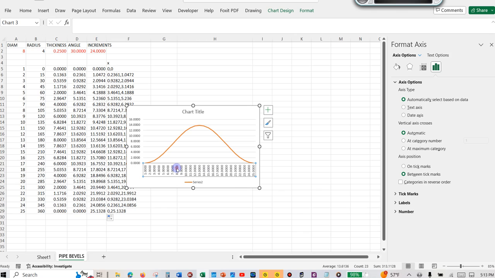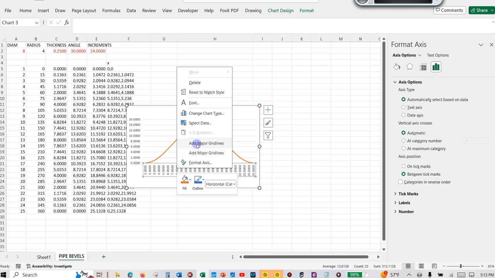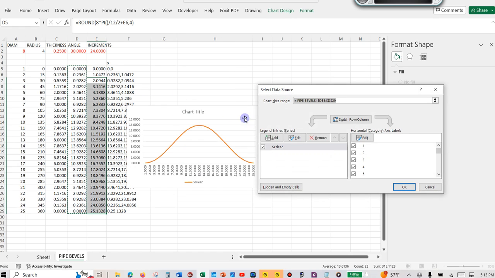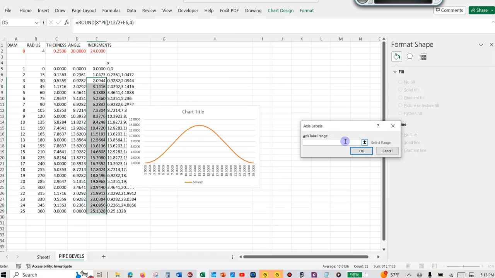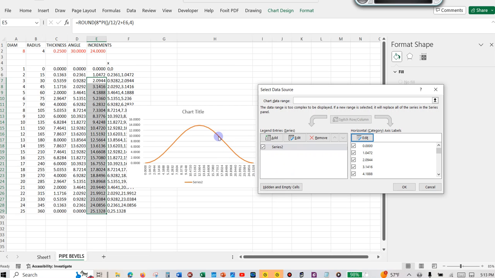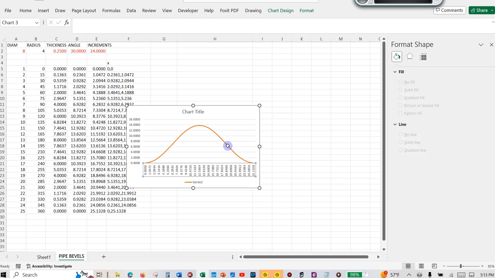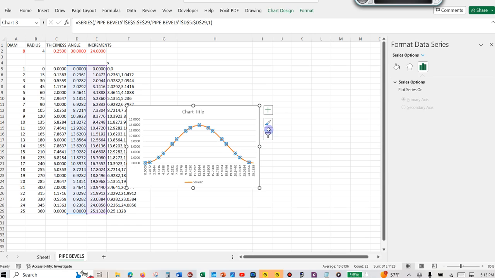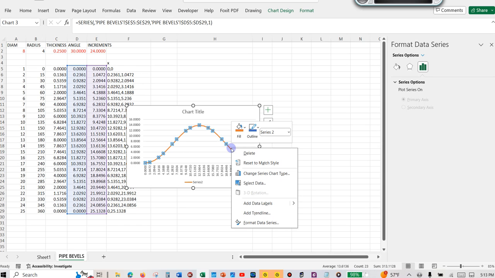And then this. Select data. Edit. This should be right here. Okay. Now I've got those, and then up here, and then right here, I'm just going to add the data labels.